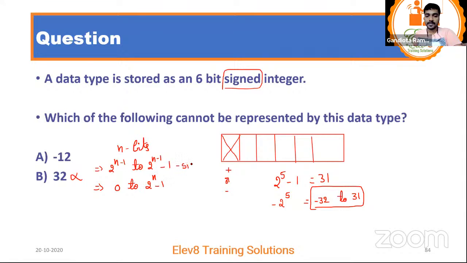This is signed. So this is unsigned. Is this clear ma?